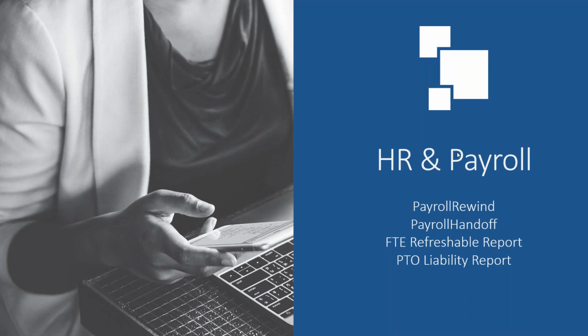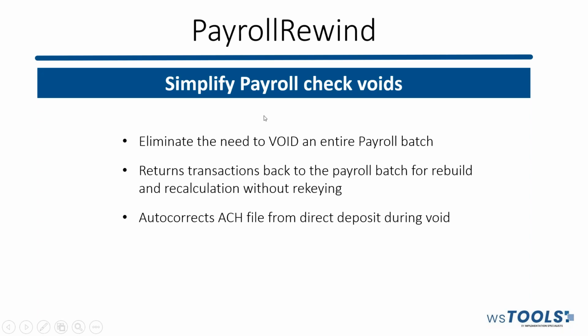Next up, Payroll Rewind. So this gives you the ability to void a piece, not necessarily voiding the whole payroll batch, but let's say you had everything in, you've built the check batch, and you find out that there's some information that you need to change, right?